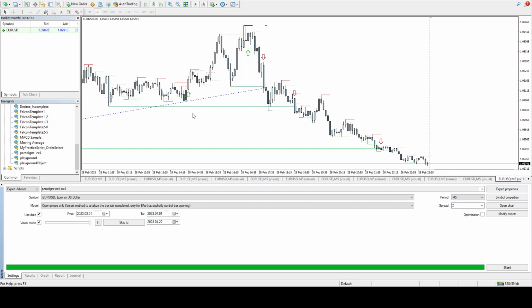Alright, so we're going to run it first without the Q zone filter. I'll set that to false, and then let's run it.